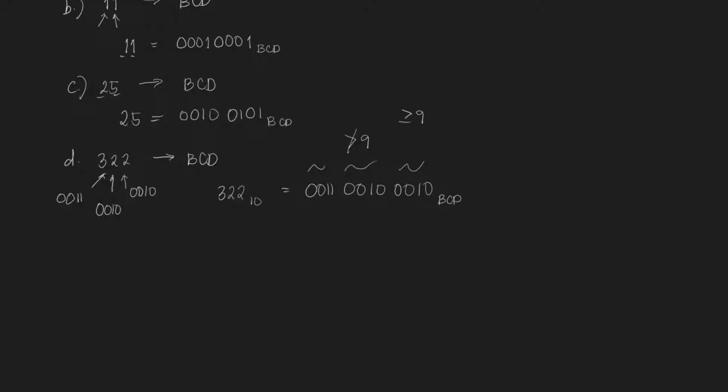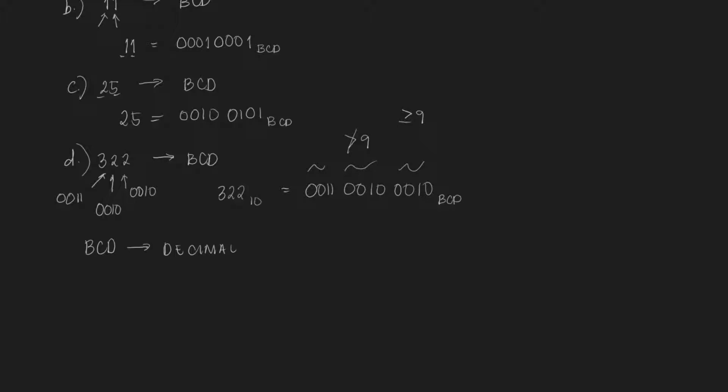Above 9, we have other methods to correct your BCD if its value proceeds above 9. We'll encounter that problem when doing addition and subtraction of BCD. So for now, you will be able to convert your BCD to decimal.